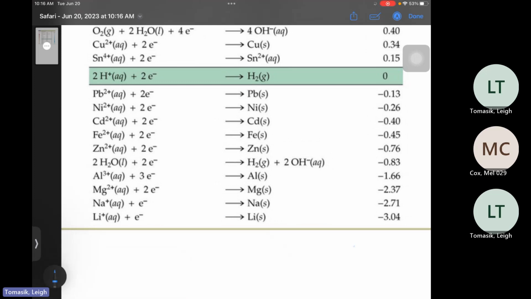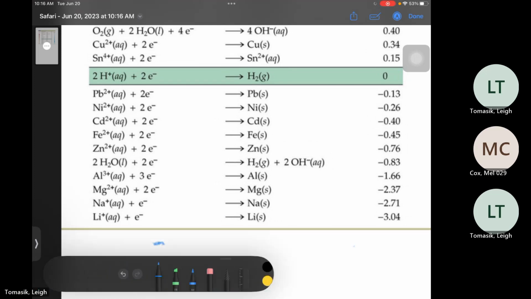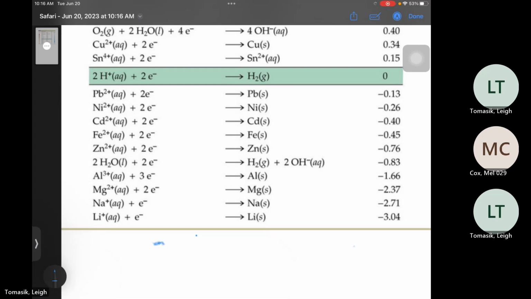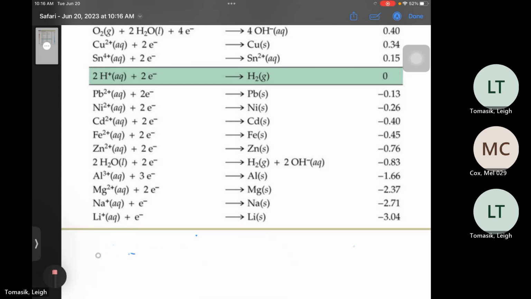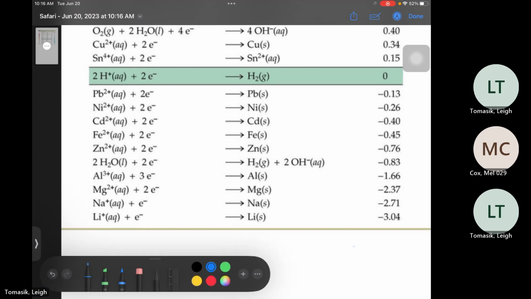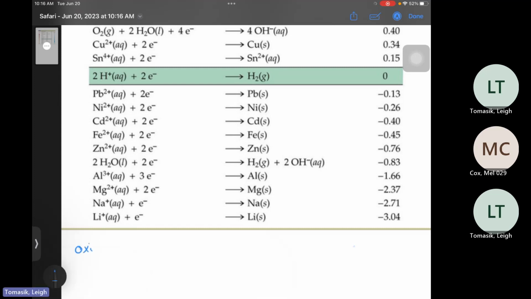So remember, we said our oxidation half reaction was this.